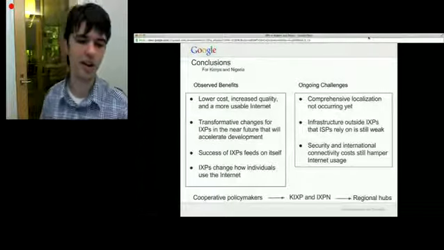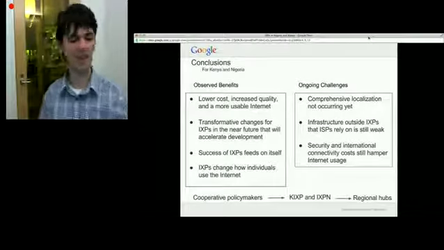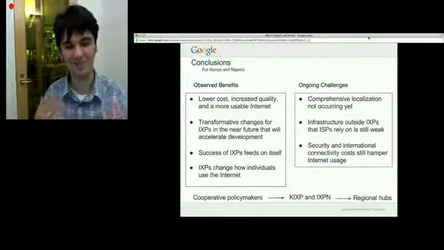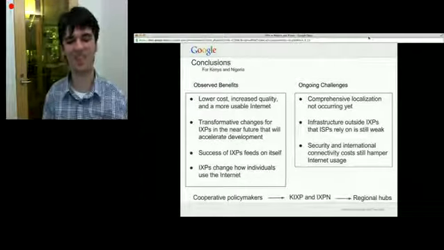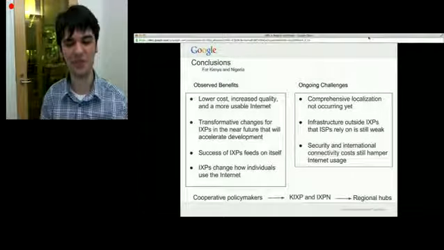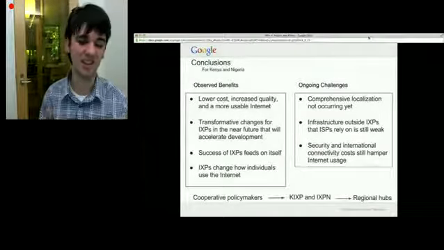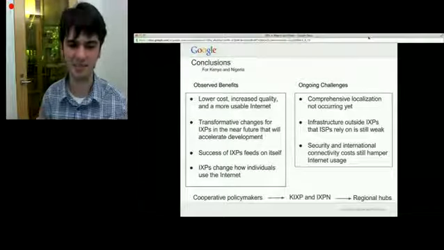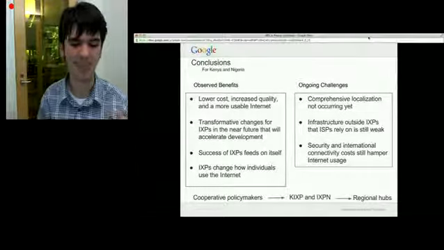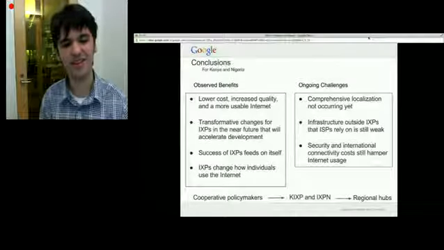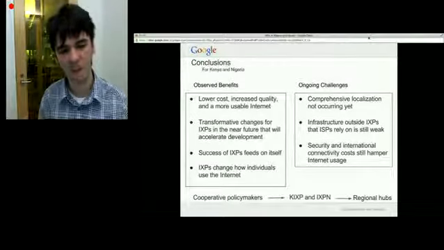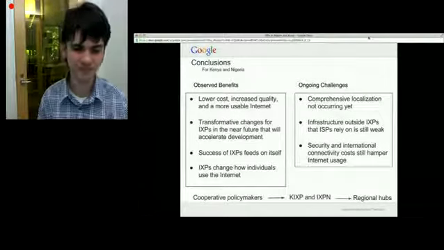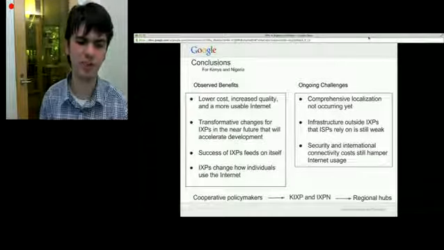I can't speak on behalf of Google, but as a personal opinion, when an IXP is set up and leads to a thriving internet, I can imagine that incents caches and other bits of infrastructure to flow into the country. And IXPs also change how an individual might use the internet.